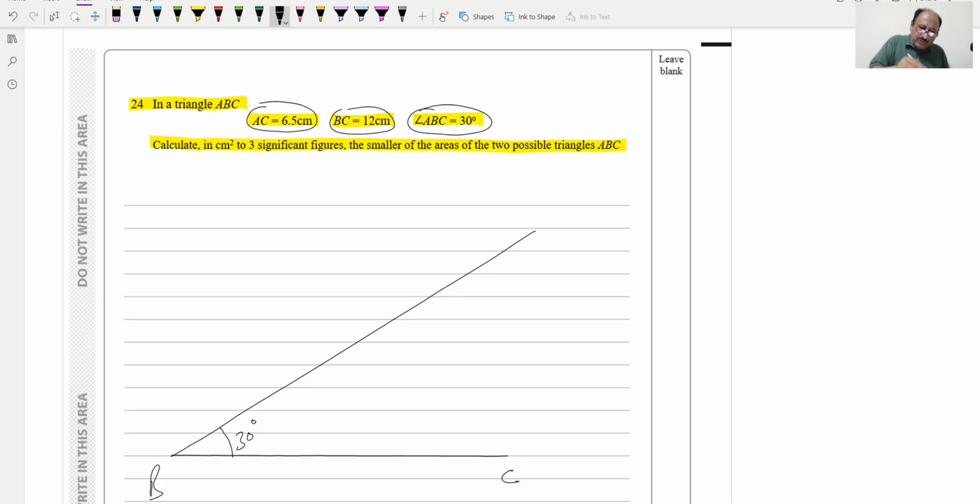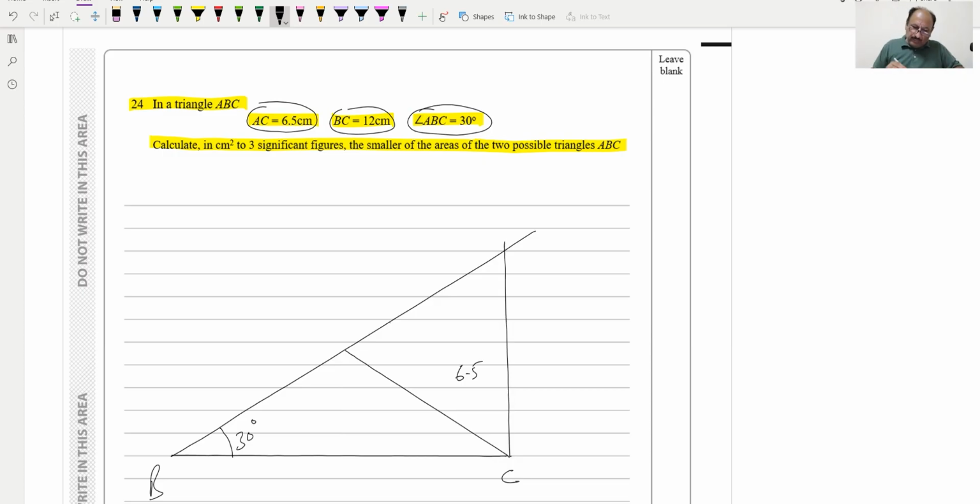Now AC is equal to 6.5. So AC can be 6.5, like if I take 6.5 roughly, it can be this one, and this is 6.5, and another side it can be like, if I draw accurately, it should be here, yes, and the other possible 6.5 can be here.